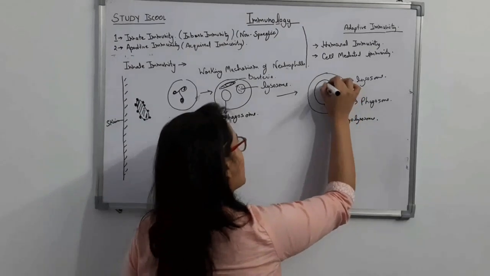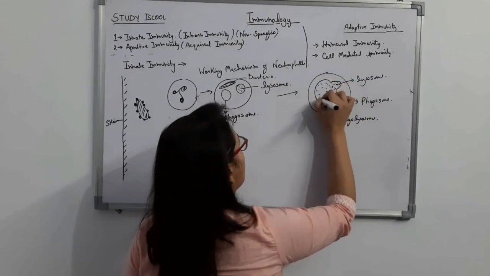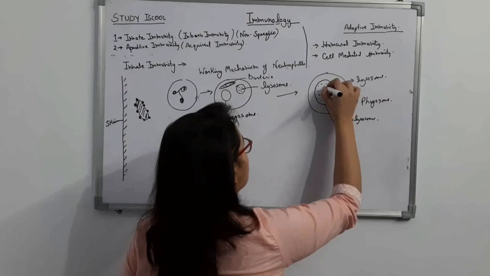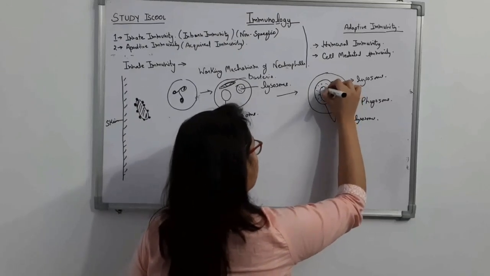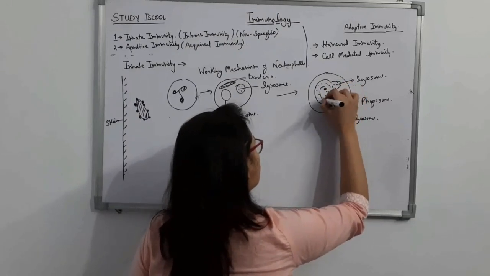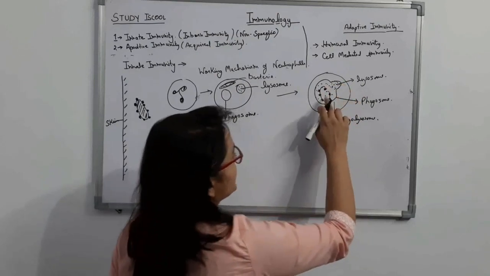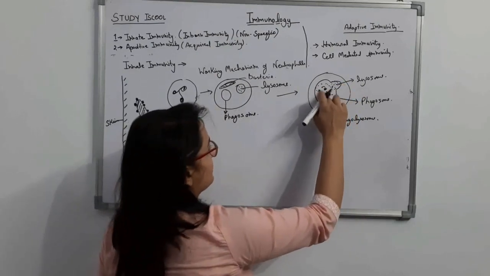All the lysosomal content which is present inside the lysosome is released onto the bacterial membrane. And at last, lysis of the bacteria occurs.